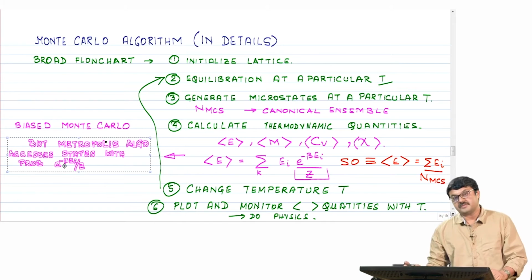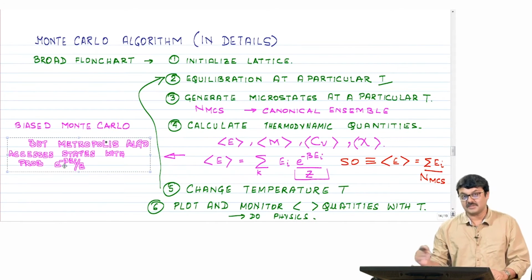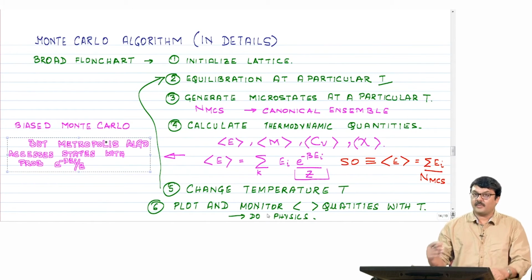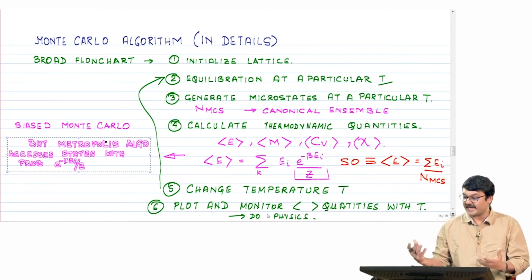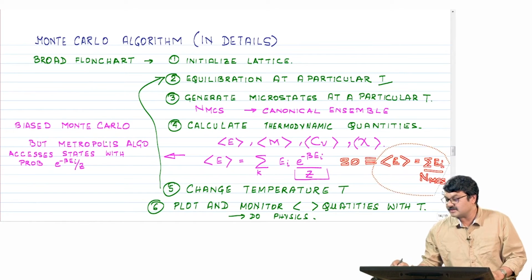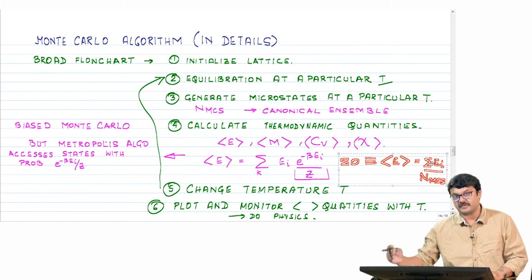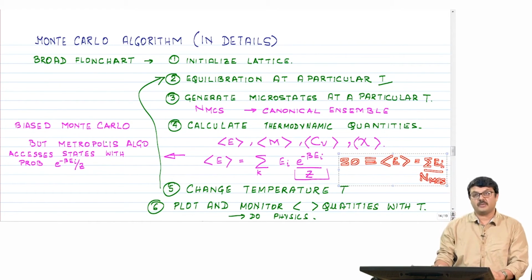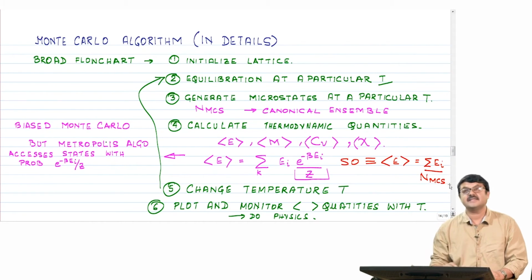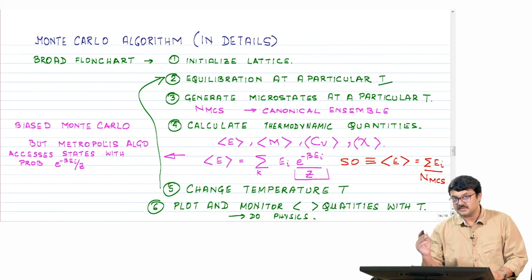Now, since microstates with higher and higher energies are accessed with lower and lower probabilities, the average energy of the system is simply the sum of all the energies that the system accesses as it goes from one microstate to the other, divided by the total number of Monte Carlo steps N MCS that the system remains in that particular thermodynamic state at that particular temperature, right.